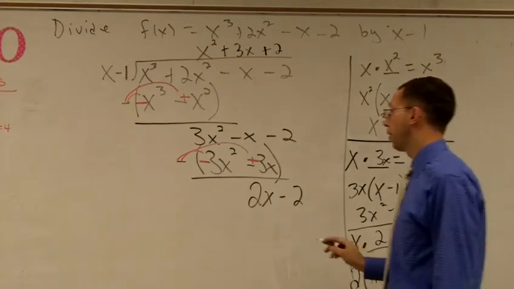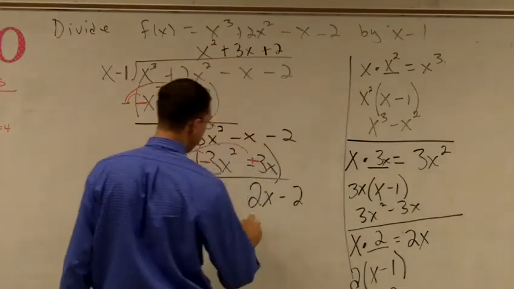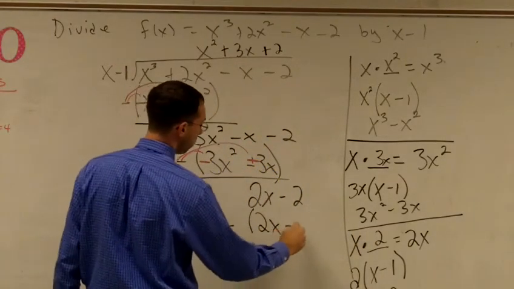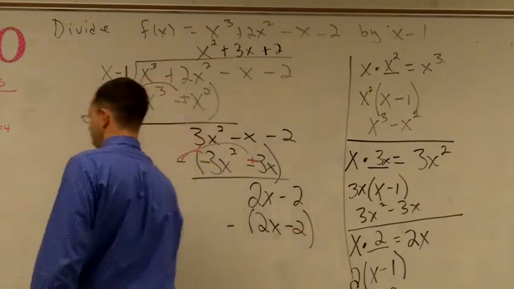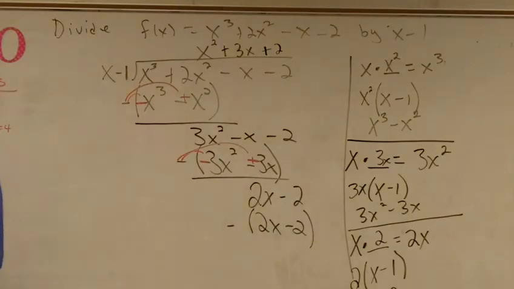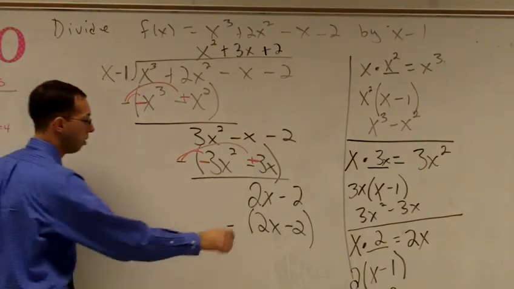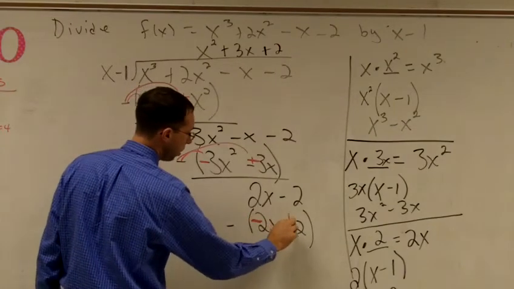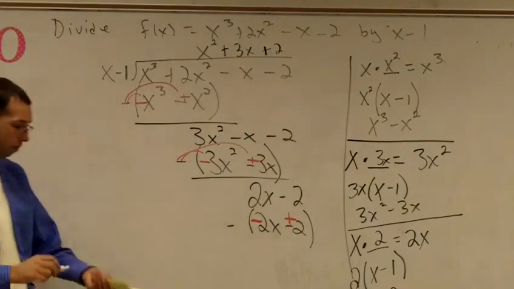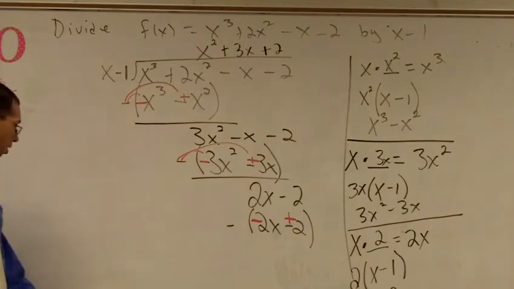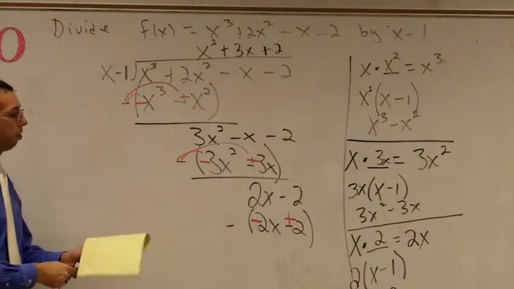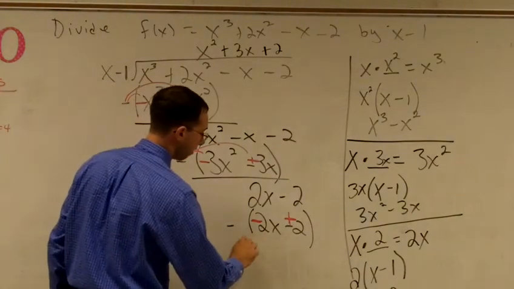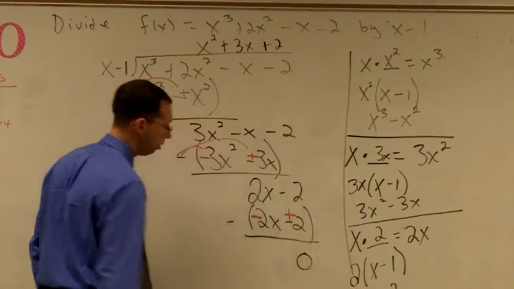And then we'll subtract. So subtract 2x minus 2. Distribute your negative sign. So this becomes negative 2x. This becomes positive 2. And we subtract off 0.